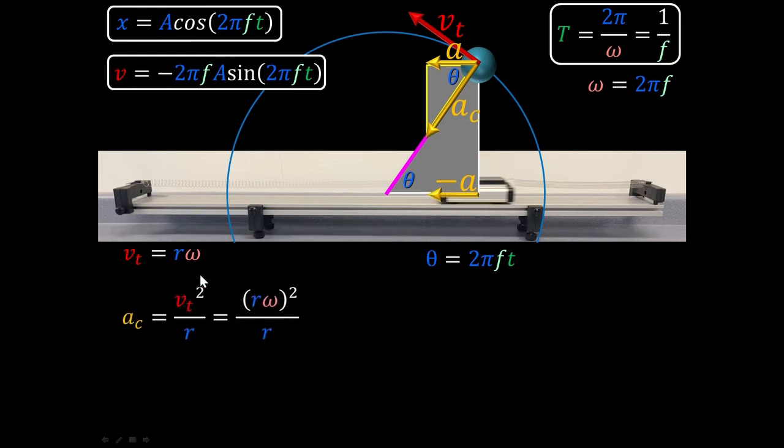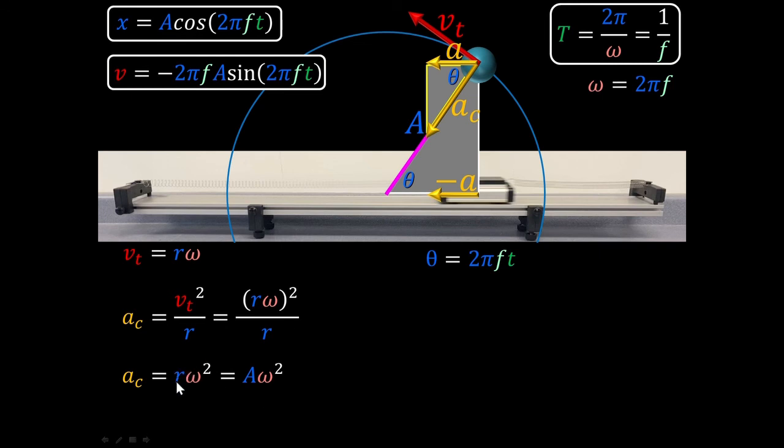Centripetal acceleration was v squared over r. That was from circular motion. v is the same thing as r omega, so we're going to take r omega, but it gets squared. We'll end up with r squared omega squared over r, so we simplify and get r omega squared. Remember that omega is 2 pi f.